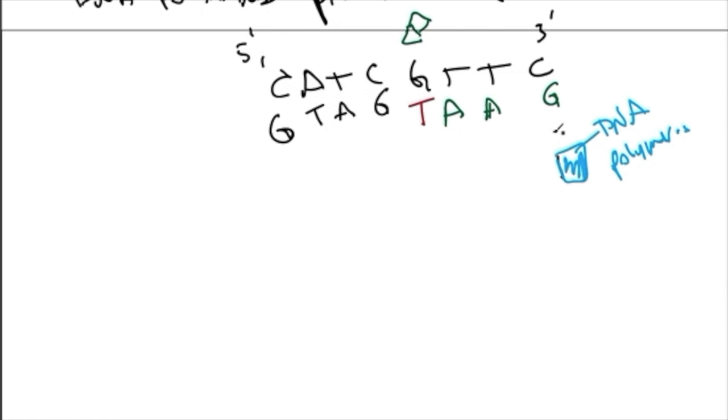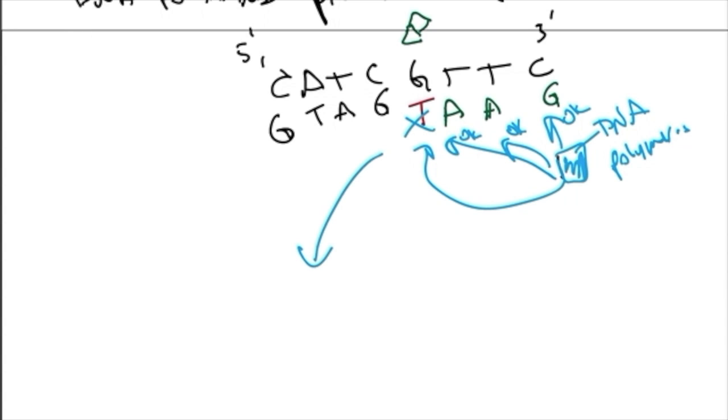DNA polymerase is going to be like, okay, okay, okay, and then it's going to chuck out the T. This is wrong. T gets chucked out. Whoa! Chuck out T. And it's going to put the appropriate one in its place. See?